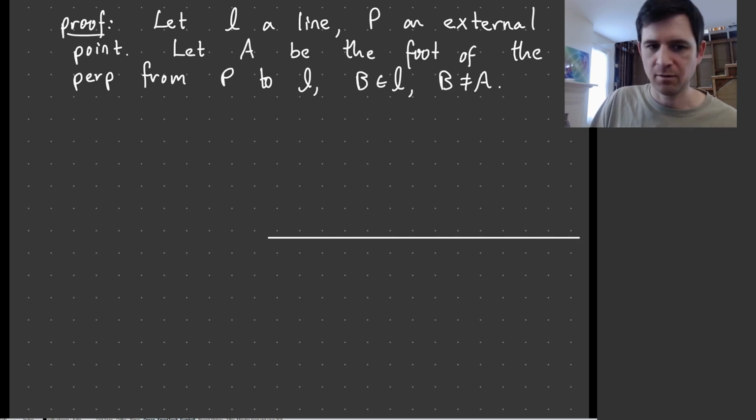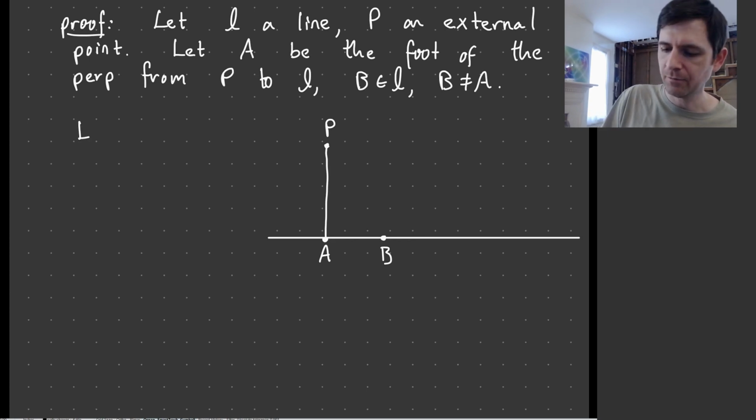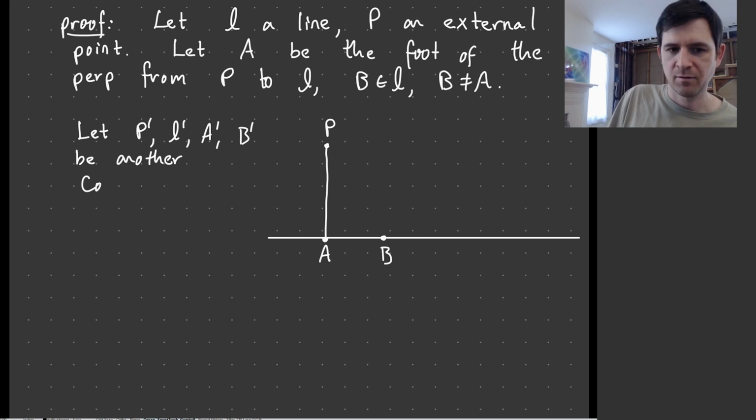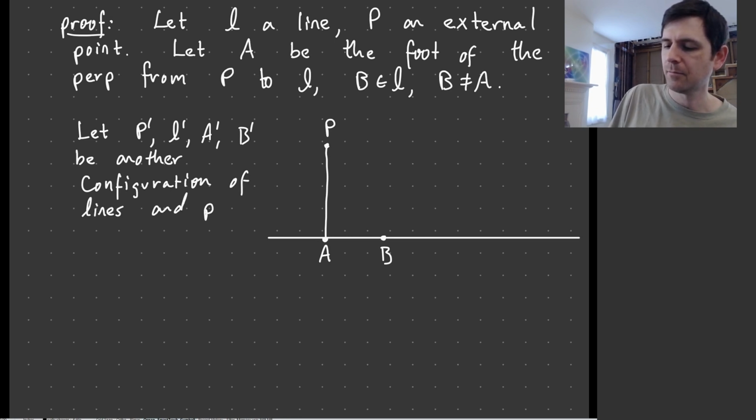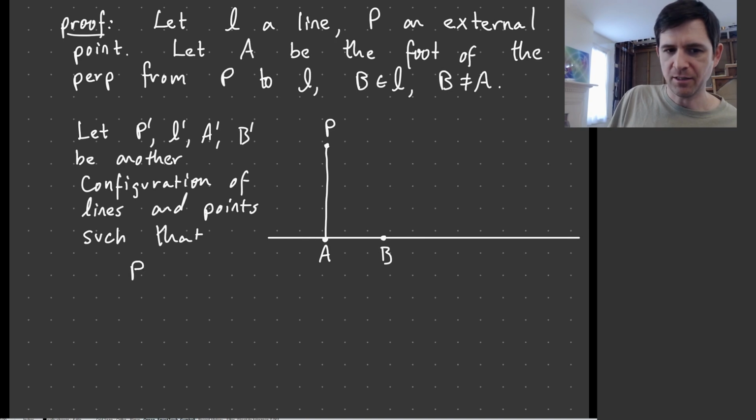So we have our line L, our point P, our foot A, B, and now we're going to let P prime, L prime, A prime, and B prime be another configuration of lines and points such that the distance from P to A is equal to the distance from P prime to A prime.